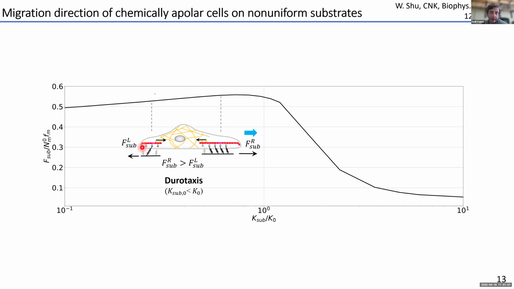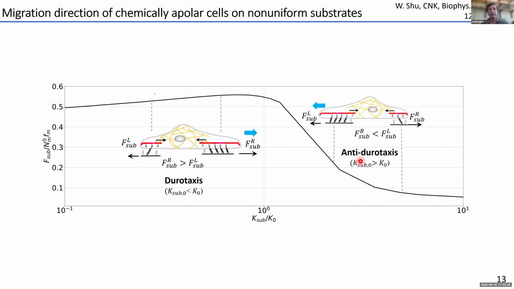So that's how front and back are determined in the first place. And this force imbalance essentially gives rise to a net force in this direction, which pulls the cell towards higher stiffnesses from lower stiffnesses.